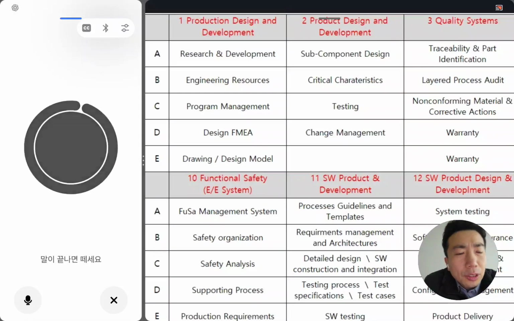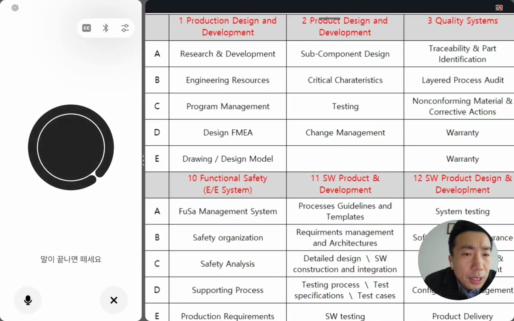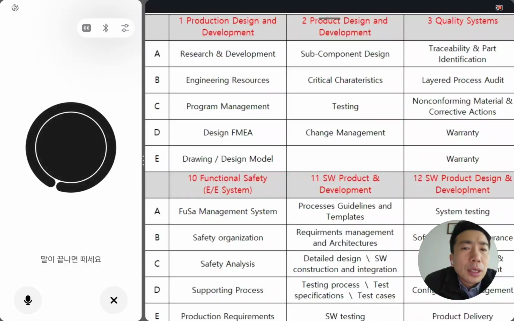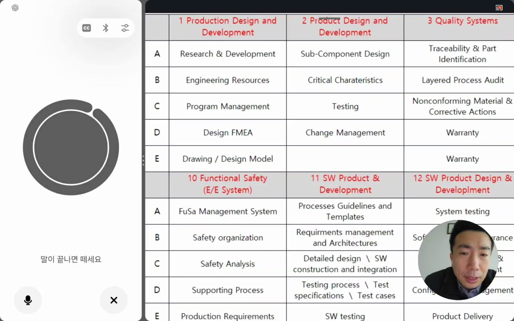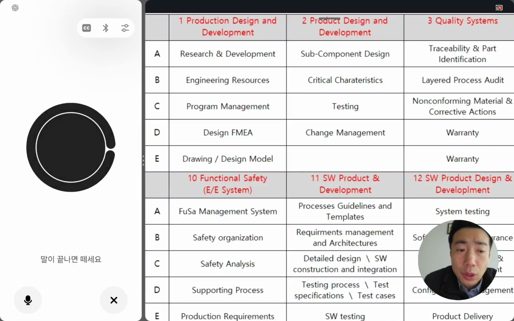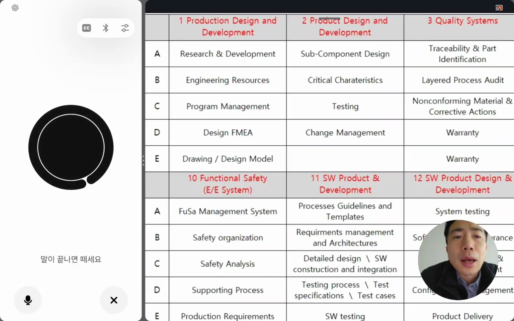GPT, honestly speaking, I am looking at one image that shows the various topics, various potential agendas for the audit situation.